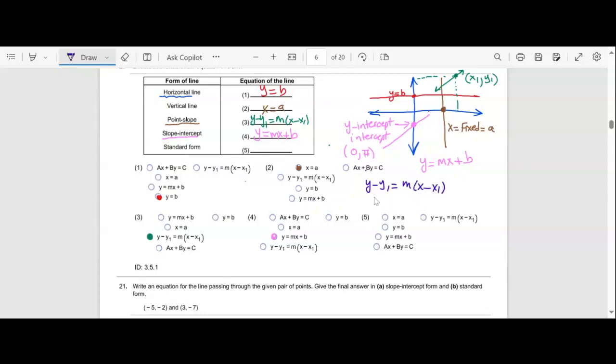But after you solve this, you should come up with a form like this: ax plus by equal c. So you write it like this: ax plus by equal c. So the answer is this one. Okay, clear?